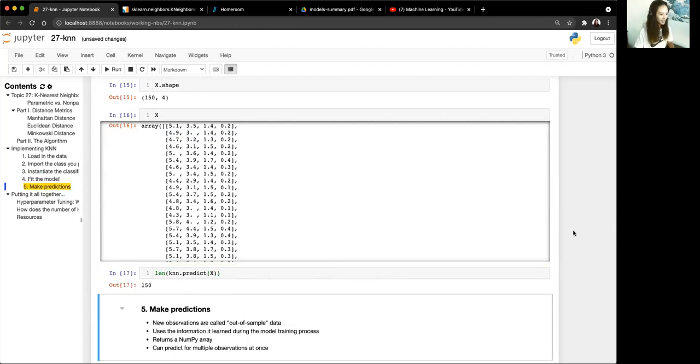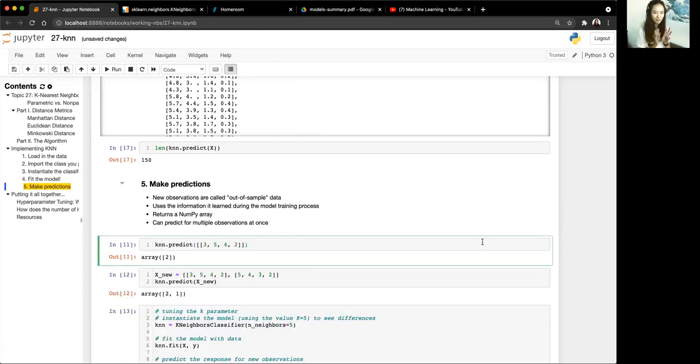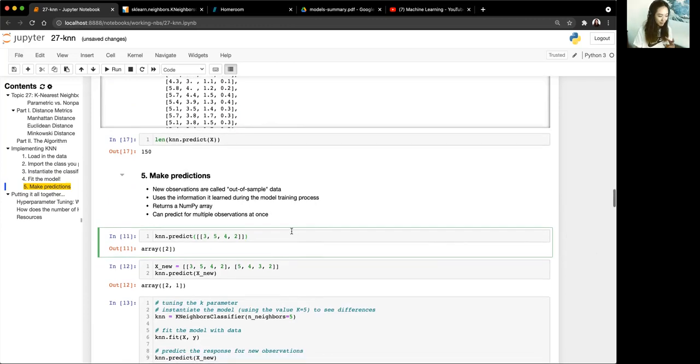For making predictions, here we want to talk about out of sample data. This is going to be fairly useful when you get into your projects and you want to make a prediction function that can make predictions on anything. It can take in any array of numbers that matches the number of columns. For example, let's say I'm randomly feeding it in 3, 5, 4, 2. I think this is petal length and width, sepal length and width, one of these. And then you get a prediction, and this is class 2.